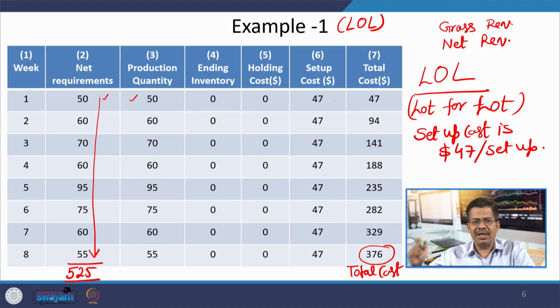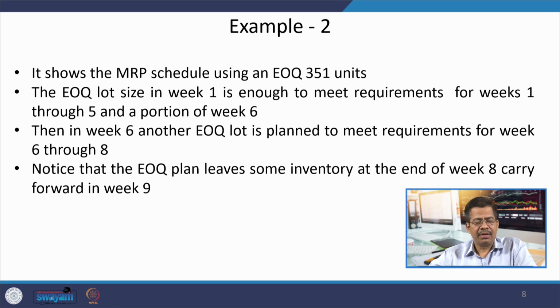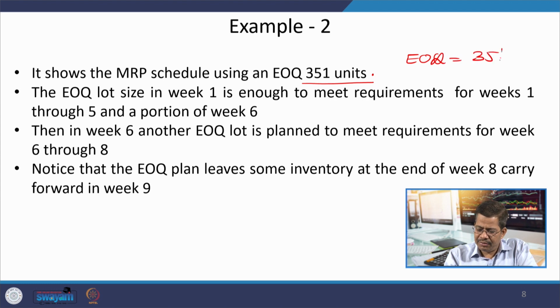Now, we will not place these small orders. We will place an order of 351 units whenever there is a requirement of placing the order. So, now let us see how we are going to use this information. Our EOQ comes out to be 351 units.